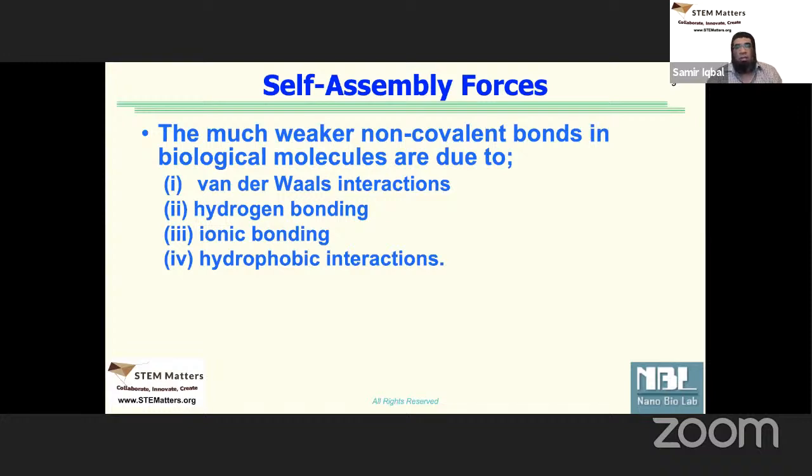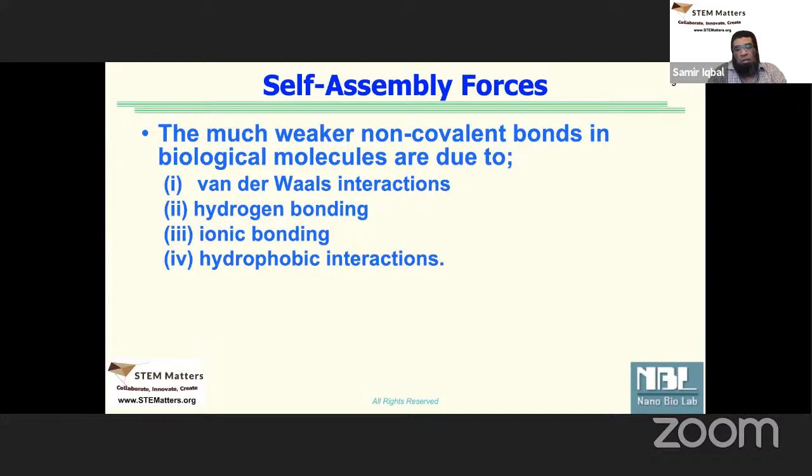Now, we don't encounter these forces at large scale. We encounter them at small scale. When we deal with larger, micro-scale things, we ignore these forces. But when we are talking about a few molecules or molecular-level interaction, these forces become significant.